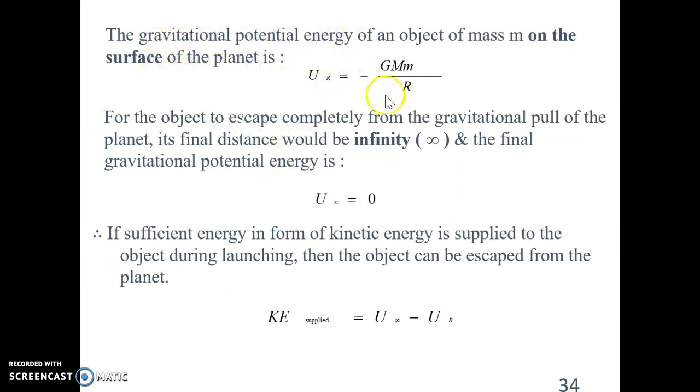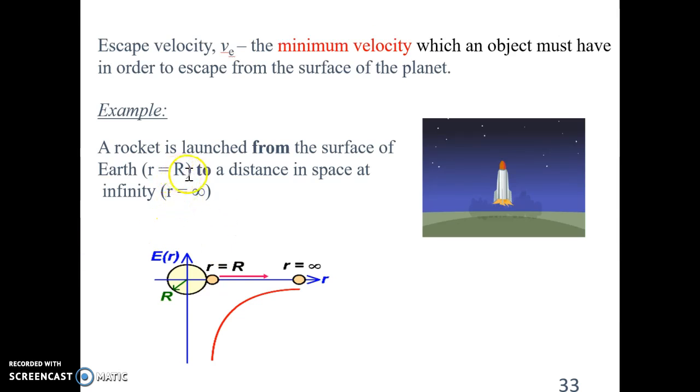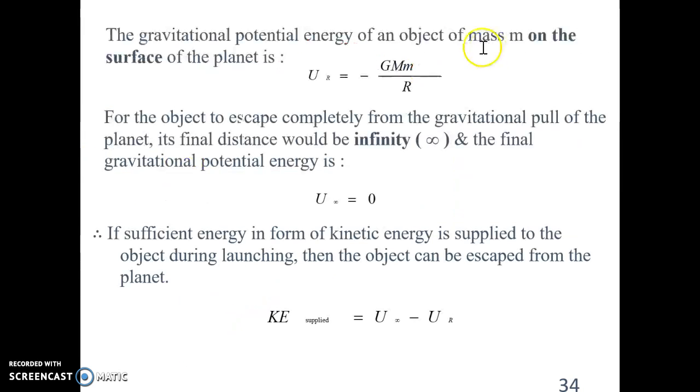Every object above the surface of Earth has gravitational potential energy, and the general equation is U equal to negative GMm over small r. The initial r is the radius of Earth and the final r is infinity. For the initial r, the gravitational potential energy is negative GMm over r.